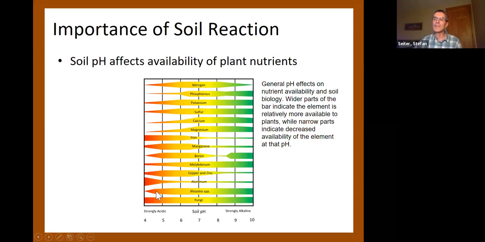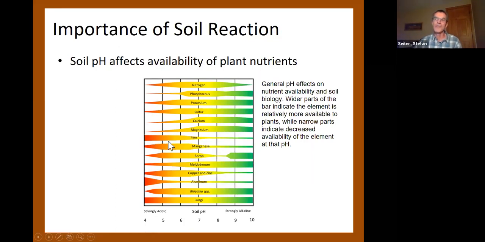While when we go into the acidic range, we have a lot of these nutrients really being not available at all, or in very small amounts, or in some cases in toxic amounts, which is the situation where we see aluminum, and also iron can be toxic at very, very low pHs because it's actually too much available.